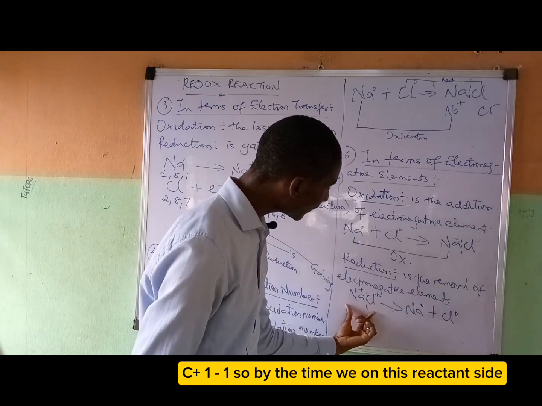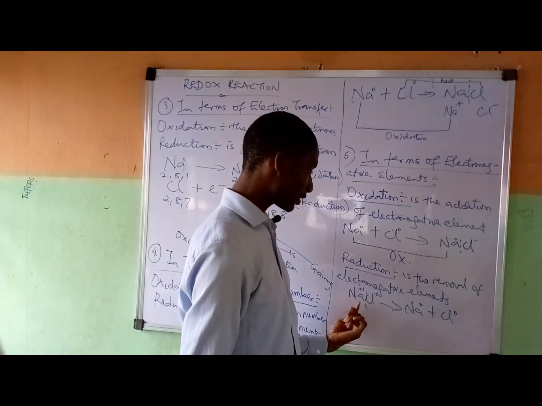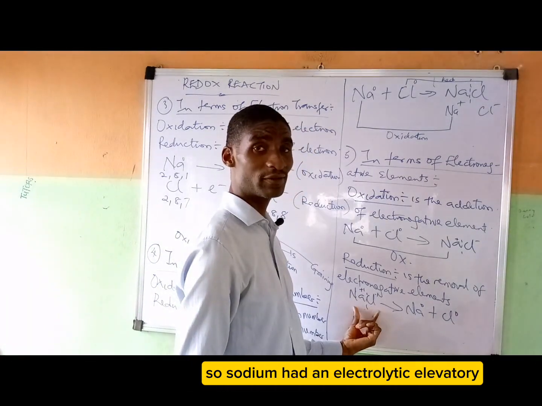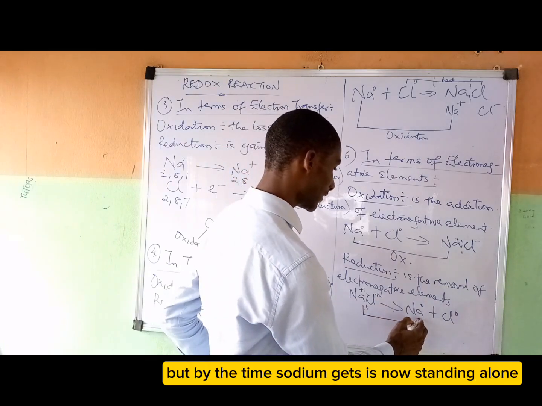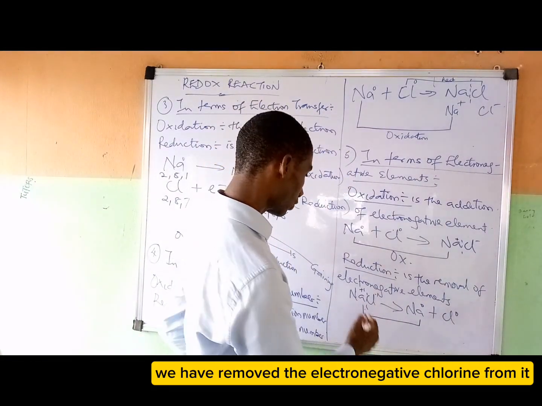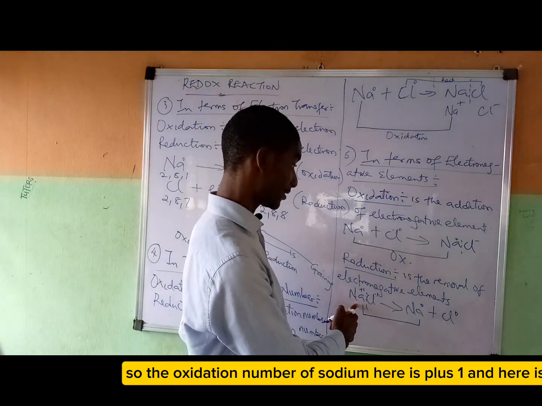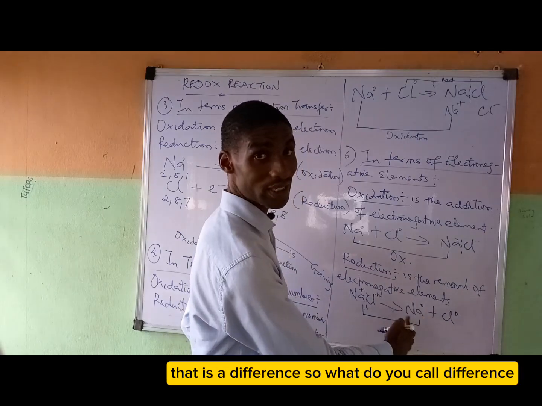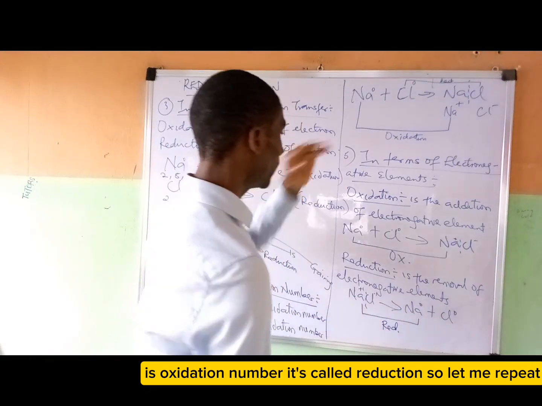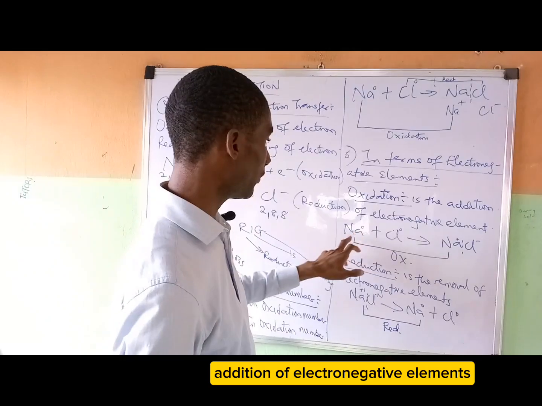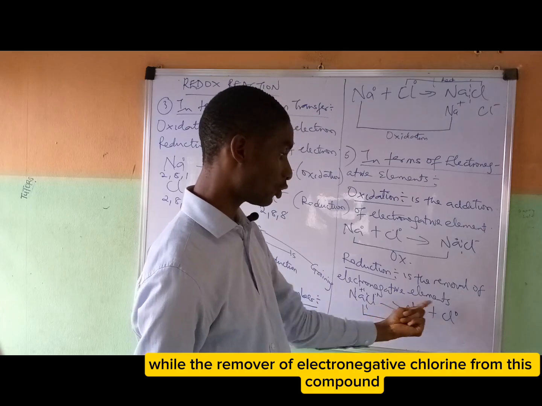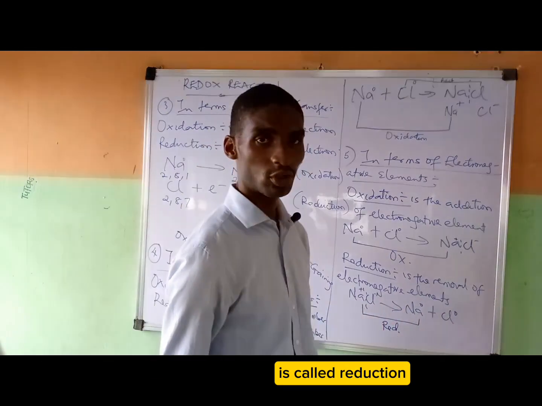On the reactant side, chlorine and sodium were together as sodium chloride, so sodium had an electronegative element attached to it. But by the time sodium gets here, it's now standing alone. We have removed the electronegative chlorine from it. So the oxidation number of sodium here is +1 and here is 0. That is a decrease. So what do you call a decrease in oxidation number? It's called reduction. So let me repeat, addition of electronegative elements is called oxidation, while the removal of electronegative chlorine from this compound is called reduction.